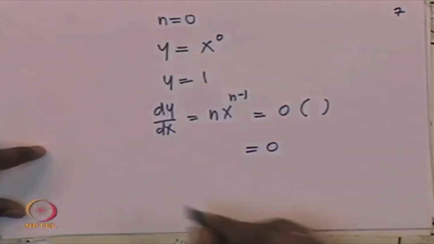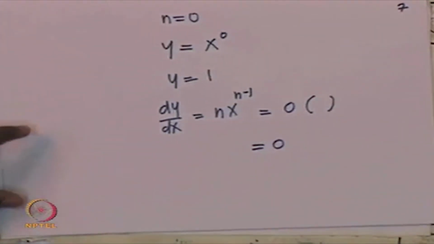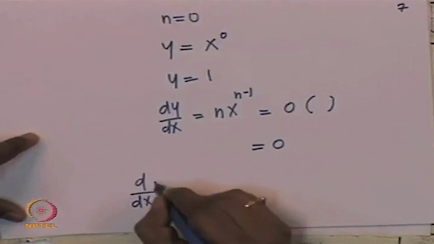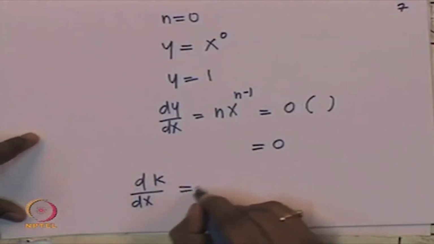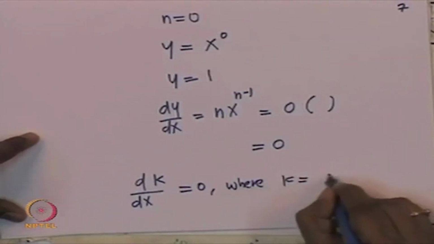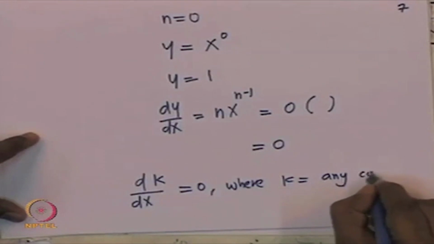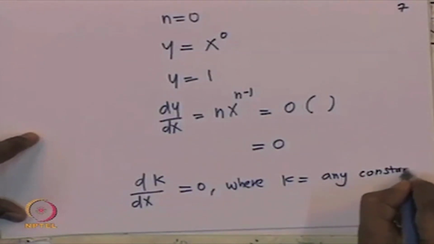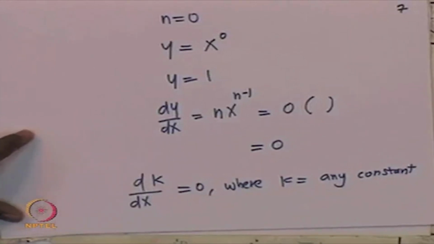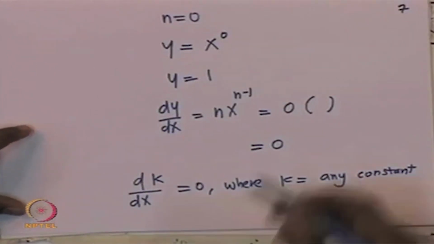It can be generalized that the derivative of any constant is 0. The derivative of any constant k is 0, where k is any number.